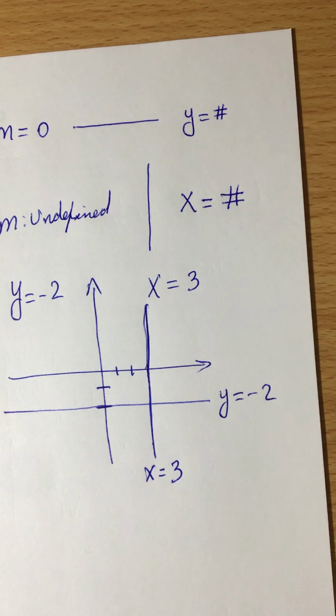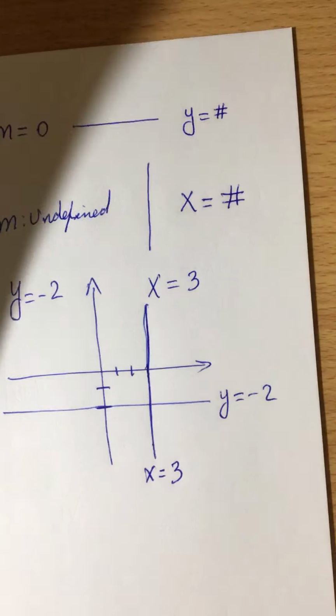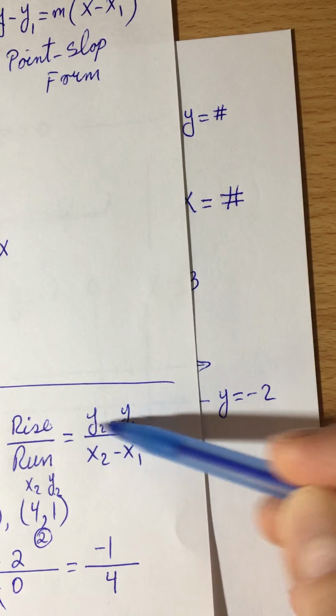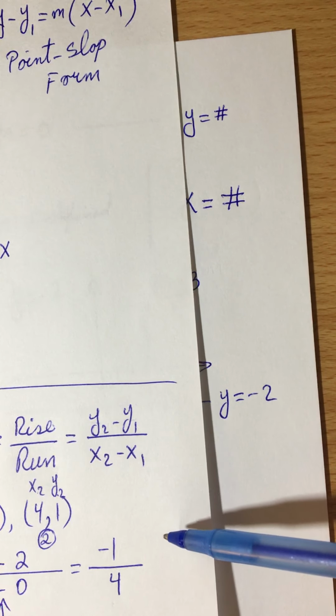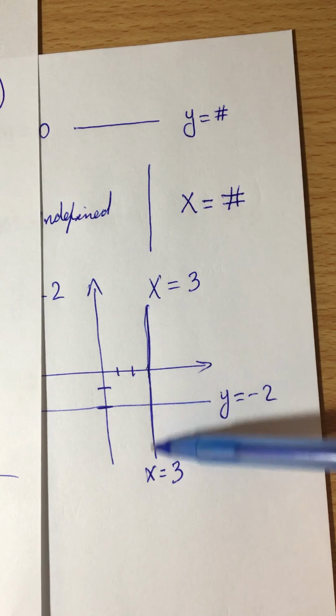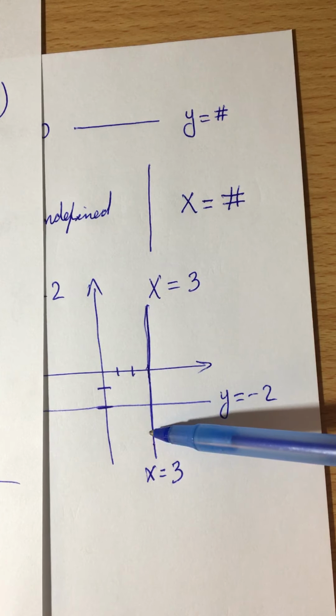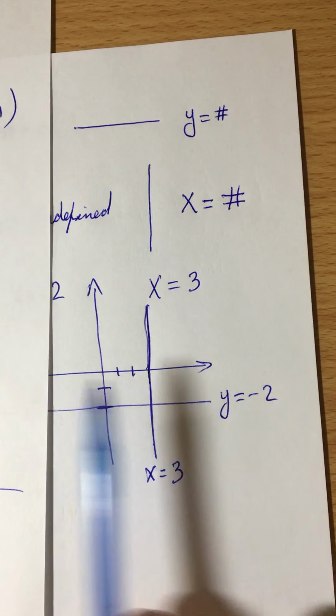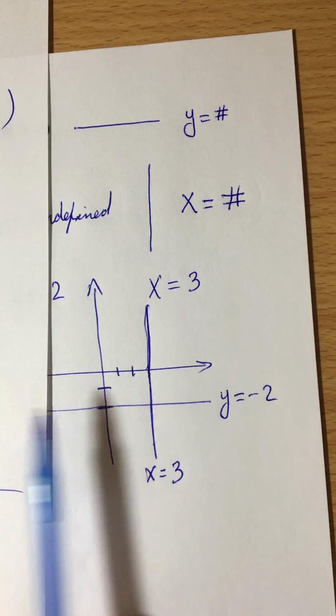It's always undefined. And the reason it's undefined is that in a vertical line, what is the definition of slope? Change in the y direction over change in the x direction, right? If I look at this line, I'm just going up and down, right? So there is a change in the y direction, but the line is not moving. I mean, nothing moves horizontally.